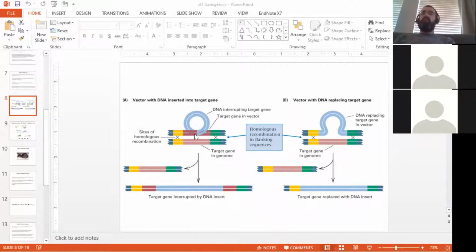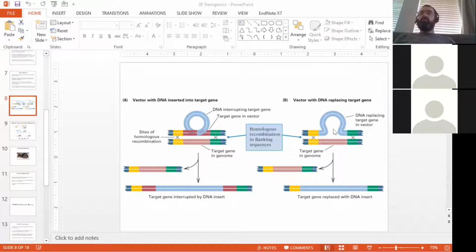You can just use this as a basic targeted interruption, right? You can stick a GFP gene in here. So now you insert a fluorescent reporter into that gene, or maybe just behind the promoter, or maybe in frame with the actual protein itself. So you end up with a hybrid or chimeric protein.